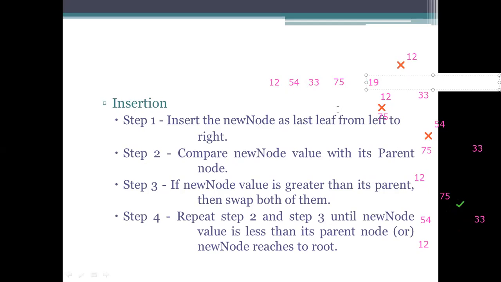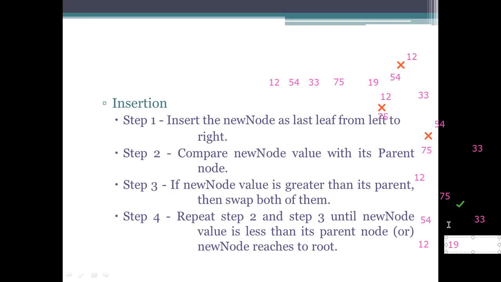Okay, so where do I have to insert? This is the final tree where I am pointing: 75, 54, 33 and 12. I have to insert the node as the last leaf from left to right. So this is the left side. So here I need to include it on the right side of this 54.